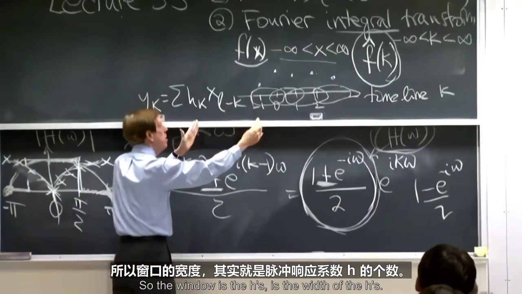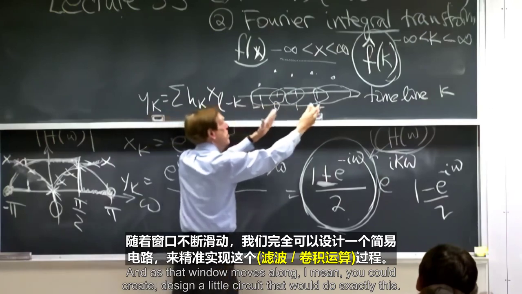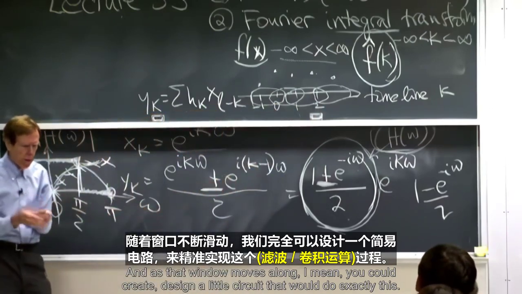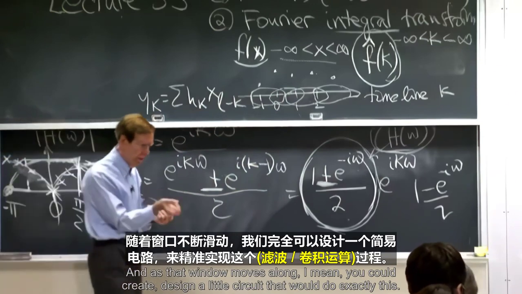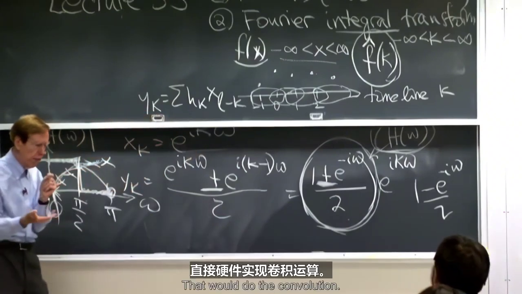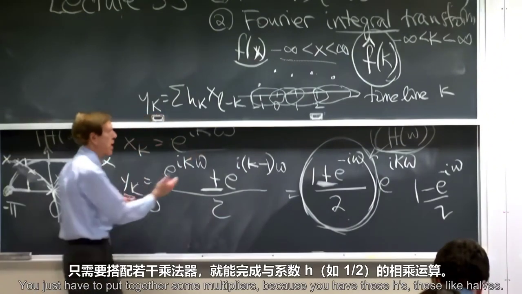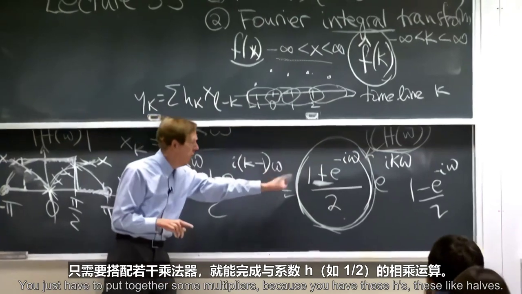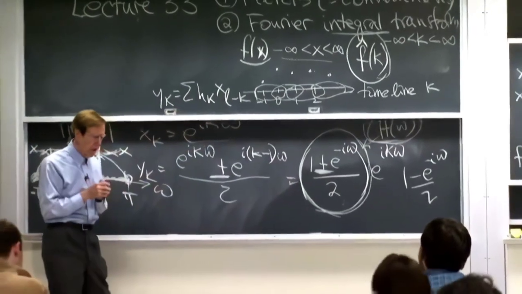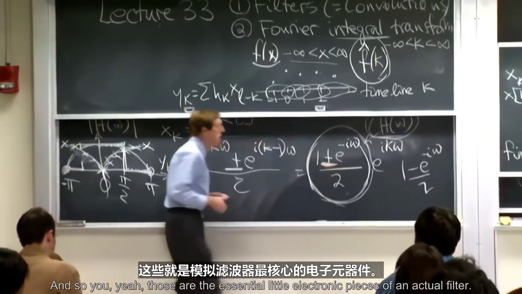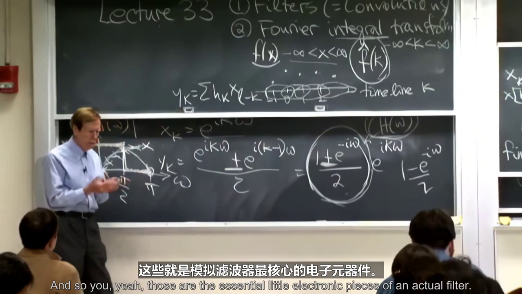So the window is the h's, is the width of the h's, and as that window moves along, you could design a little circuit that would do exactly this, that would do the convolution. You just have to put together some multipliers because you have these h's, these like halves, and you have to put in an adder that'll add the pieces.